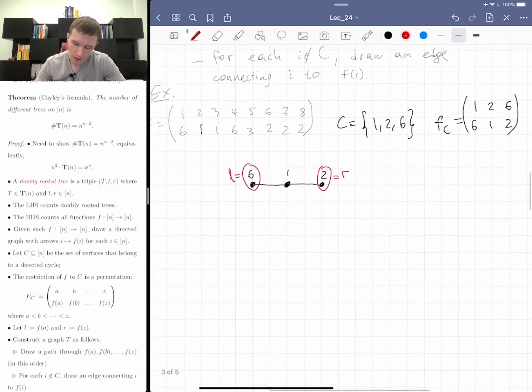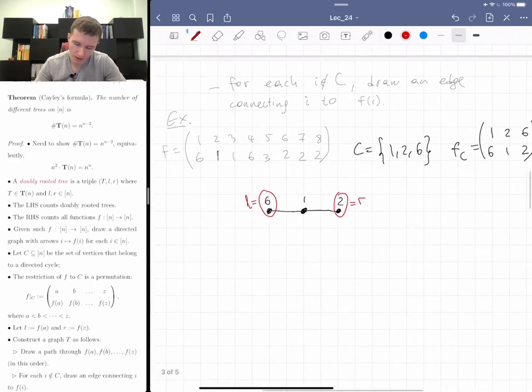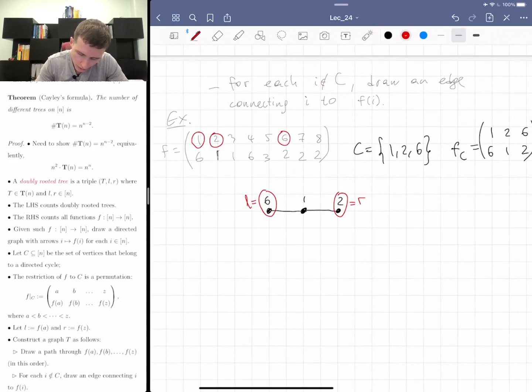Now, the second step is for each i not in C. So let's see which i's. C is 1, 2, 6. That is C. And the rest is not in C. So I have all these vertices. 3 is connected to 1.